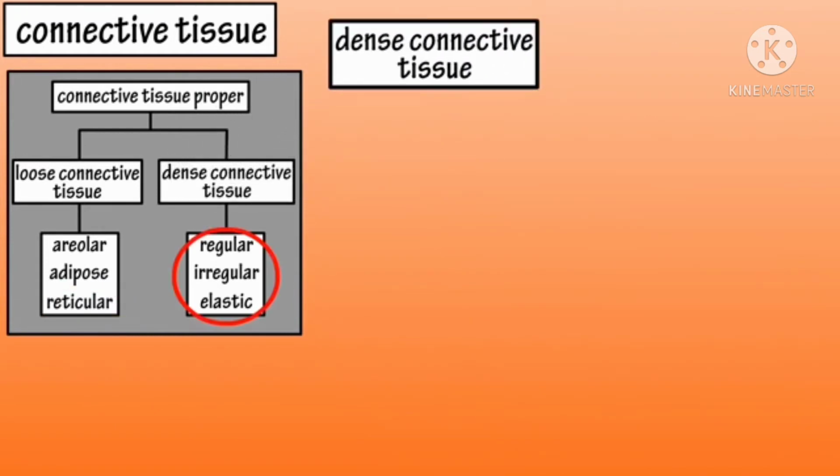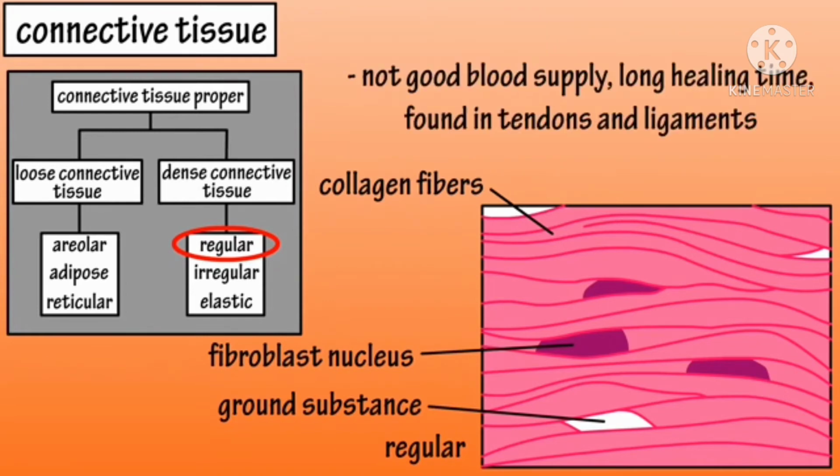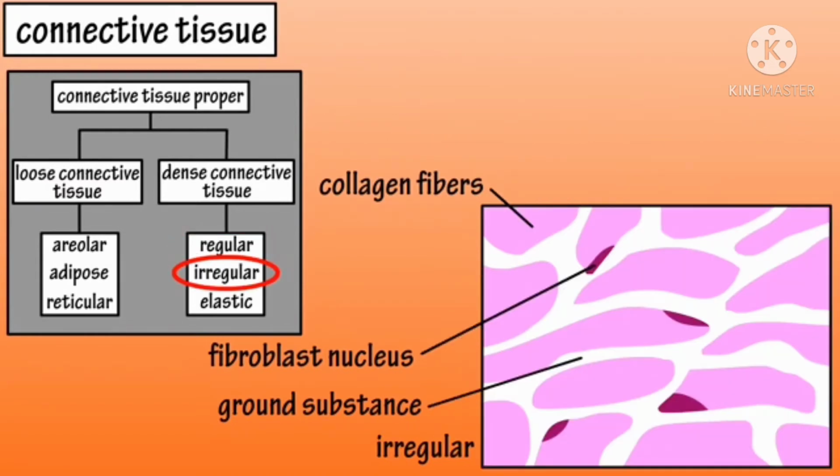And next is dense connective tissue. Dense connective tissue is divided into three: regular, irregular and elastic. Regular connective tissue does not have a good blood supply and has a long healing time. It is found in tendons and ligaments. Next is irregular dense connective tissue.